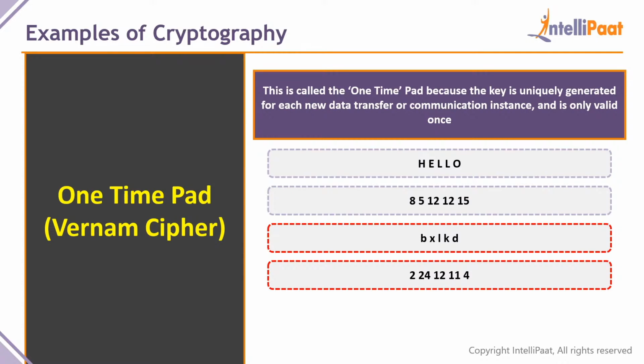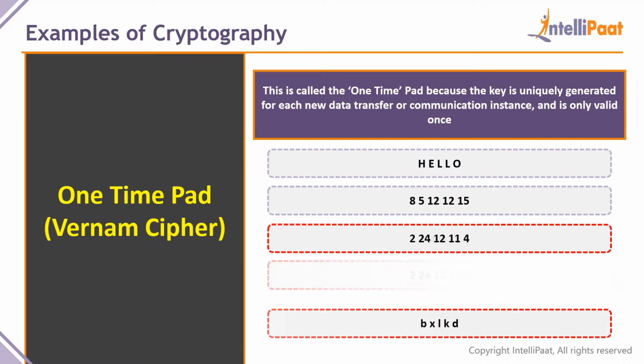So once you've created your randomly generated 5 character key, you will then do the same thing for the key as well. So B is on the second position, X on 24th, L on 12th, K on 11th, and so forth. And the next thing that you would do is actually add these two particular numbers, right?